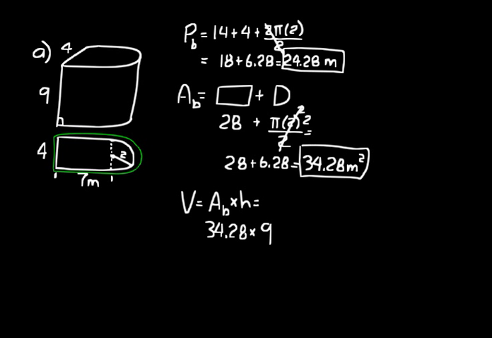Now, the purpose of a geometry problem like this is not to see how good you are at doing multiplication out on paper. The purpose is applying the appropriate formulas to the problem to get the correct answer. And so I think it's fine to use a calculator on these. And so you can just say 34.28 times 9, and that equals 308.52.